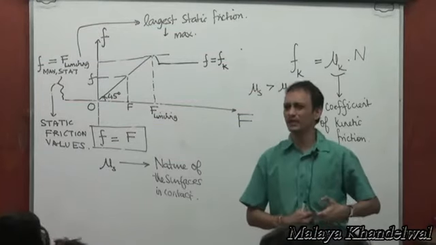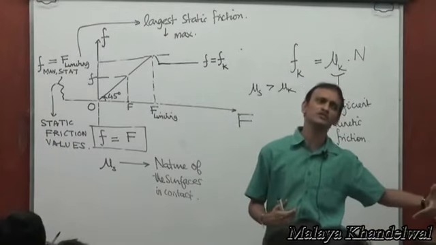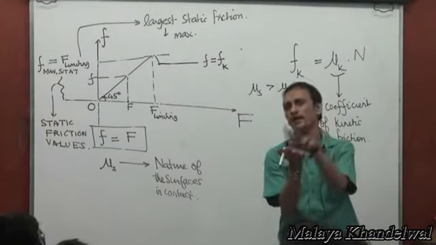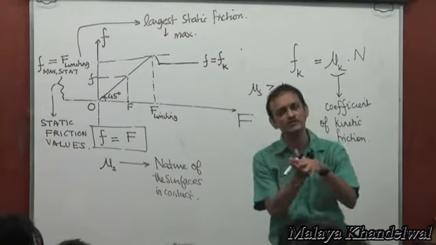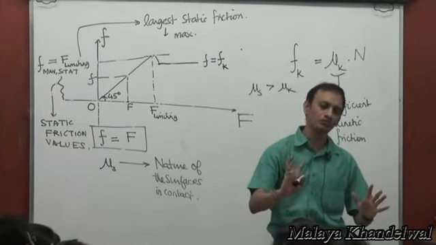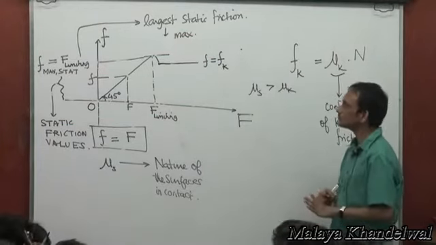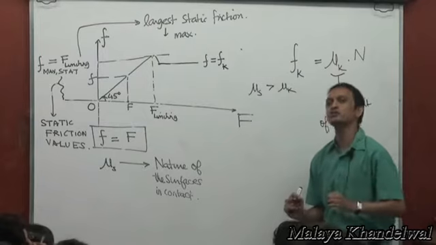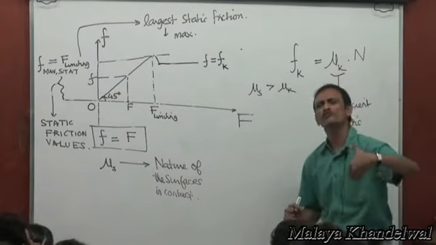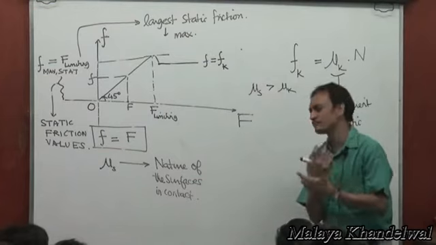However, if the application is not very sophisticated, then assuming that the frictional force does not depend on the area of contact between the body and the surface is a legitimate one. One can go ahead and carry out calculations based on this assumption. But it does depend on the area of contact, although it's a very, very weak function of it.